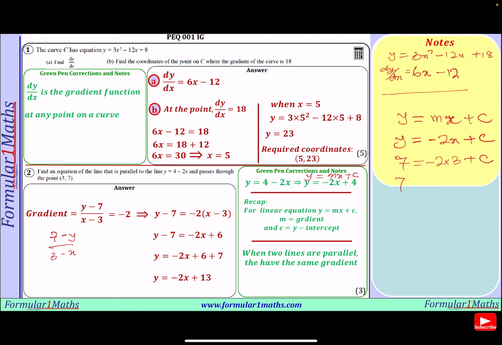That means 7 equals minus 6 plus c, which implies that 7 plus 6 equals c. That means c is equal to 13. So we can now go back to this equation and write it fully now that we know c, and we will get y equals minus 2x plus 13, which is the same answer as we got here.